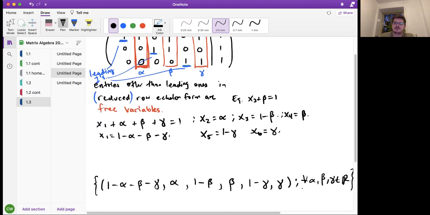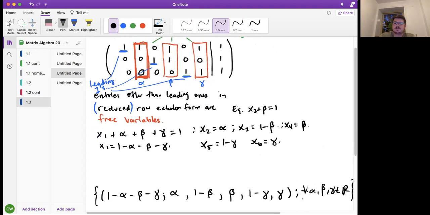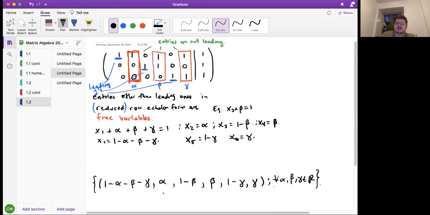So it's 1 minus alpha minus beta minus gamma. That's what the first row says. The second variable is the free one, that's alpha. The third equation says x3 plus beta is equal to 1, so 1 minus beta. x4 is a free variable. x5 is 1 minus gamma, where gamma is the free variable.